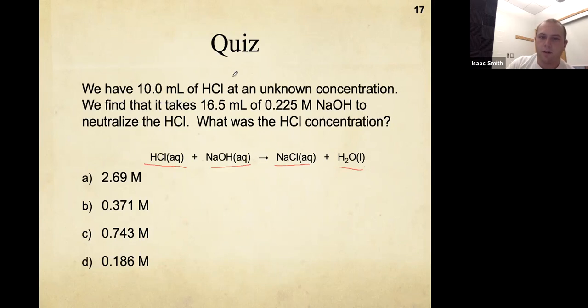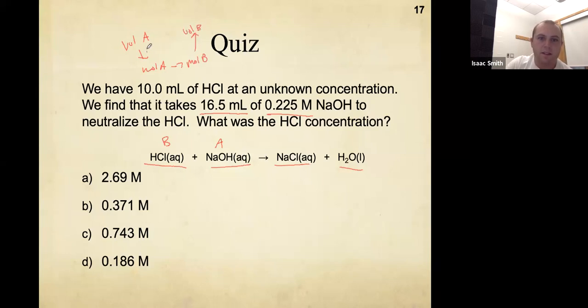So we don't know much about HCl. It's probably where we're going to be moving towards, but we do know that it takes 16.5 mils of 0.225 molar sodium hydroxide to neutralize. So sodium hydroxide would be our A, HCl would be our B. So we're moving from volume of A, down to moles of A, if you're following on the stoichiometry map for these problems, to volume of B, right?